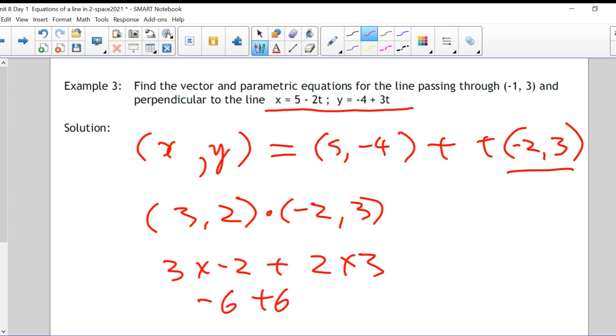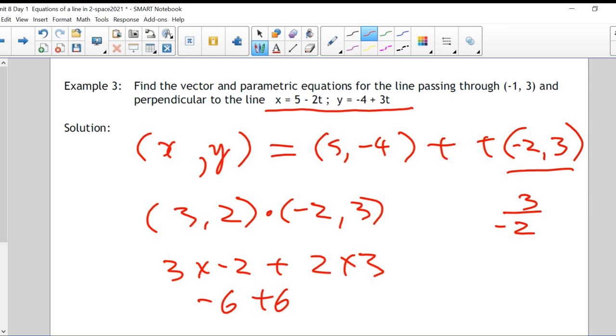Usually the easiest way to find two numbers like this is to put the 3 over the 2, over the minus 2. Flip it over, change the sign, and then use that to get the vector. So in a sense, it's just like the negative reciprocal from back in grade 9.